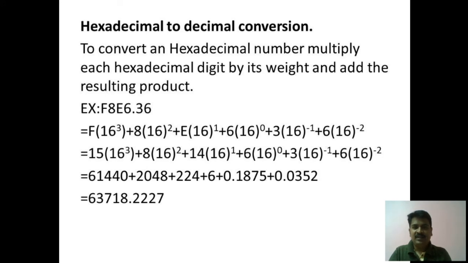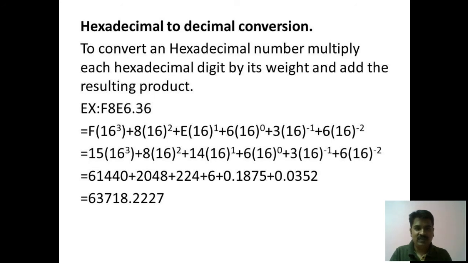F8E6.36. The first digit is F and the place value is 16 power 3. You multiply F with 16 power 3. You should know that F here is 15. So 15 into 16 power 3, and 8 into 16 power 2. E means 14 here: 14 into 16 power 1, and 6 into 16 power 0. There the integer part ends.